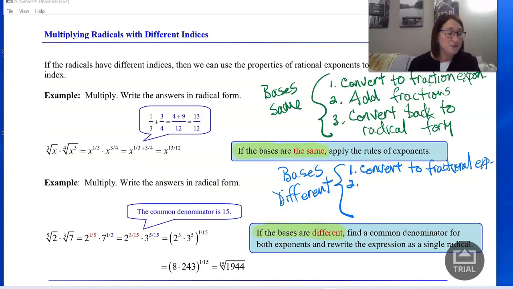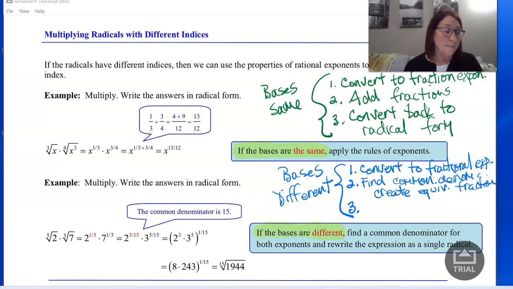Number 2, find common denominators, create equivalent fractions. 3, the numerators become the exponents.